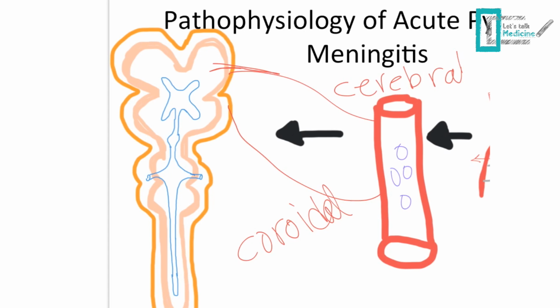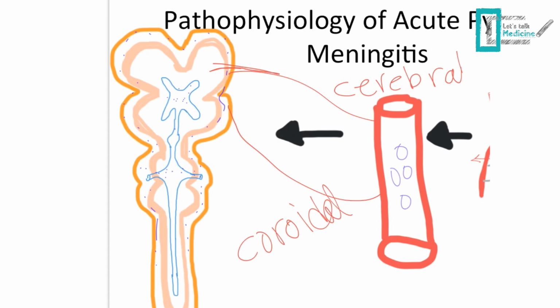Through that, it will go into the ventricular system and proliferate in there. Then it will go through the foramen of Magendie and foramen of Luschka into the subarachnoid space, filling the whole subarachnoid space and the CSF with inflammation. This inflammation gives us the definition of meningitis, which is diffuse inflammation of the meninges, the pia mater and the arachnoid space, with the CSF.